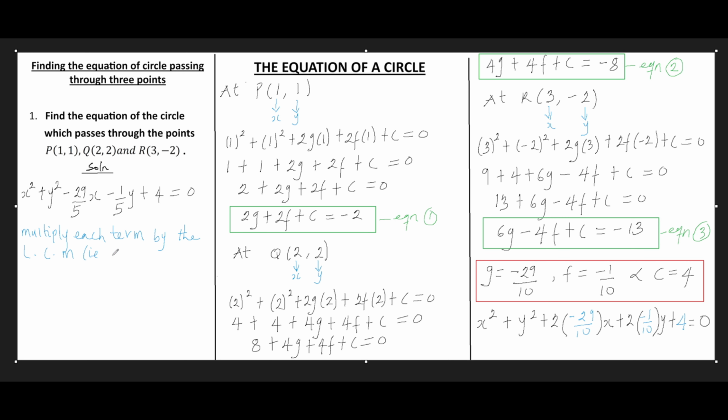Remember, the LCM here is 5. So multiply 5 by x squared, we have 5x squared.